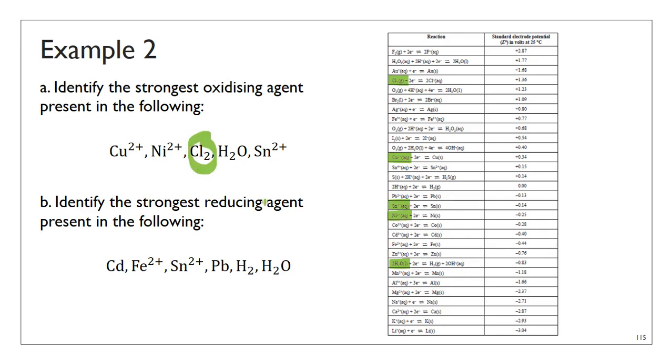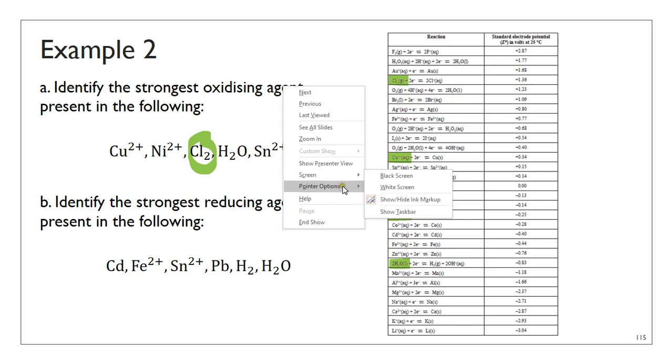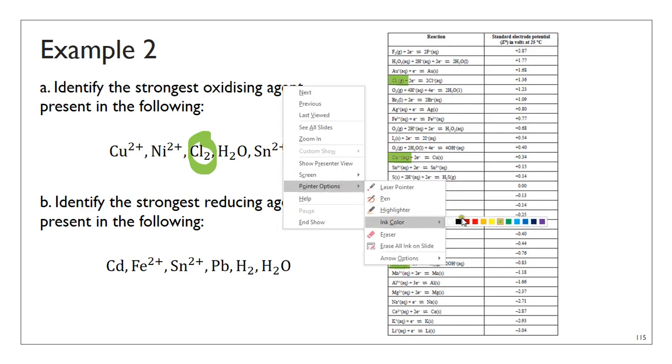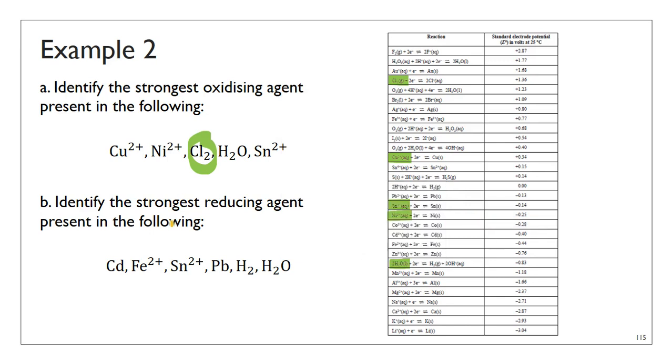Okay. And then we need to identify the strongest reducing agent in the following. So we're looking at reducing agents now, so I'm looking at everything on the right. Maybe I should just change the highlighting color. So let's go with everything on the right. So we have cadmium, or Cd. So that's cadmium. Fe2+ on the right is up here. Sn2+ on the right is here. Lead, Pb.